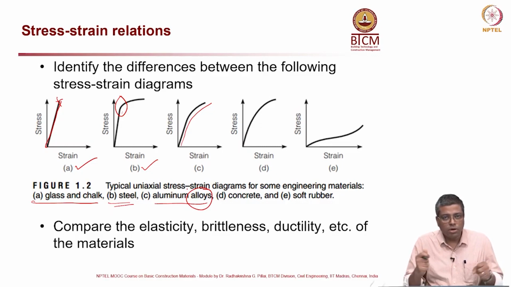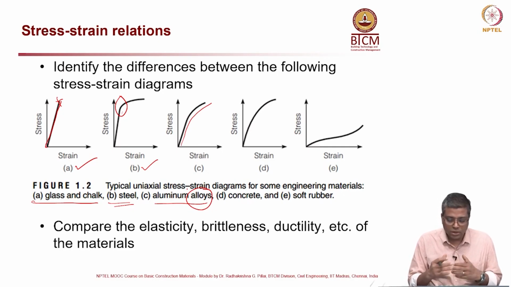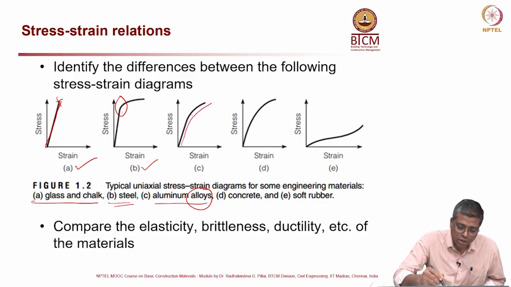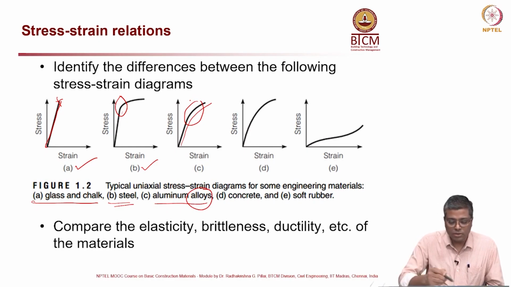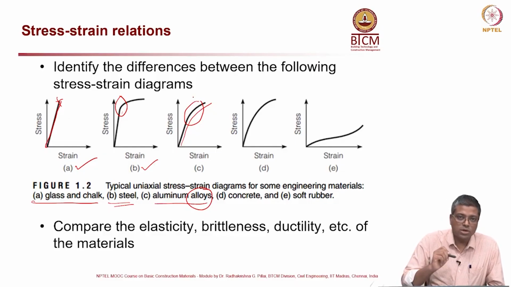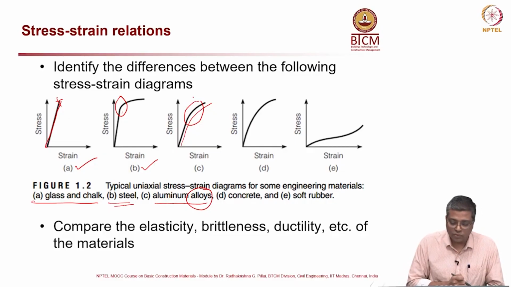As you apply the stress, there will be movement of dislocations, and bonds are of different types. We will talk about this later in coming sections, but because of that there is a gradual transition from the straight line to a curvature. So, that yield point is not well defined in case of alloys.